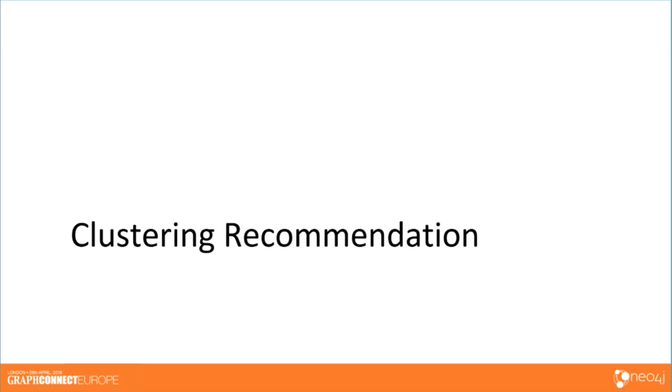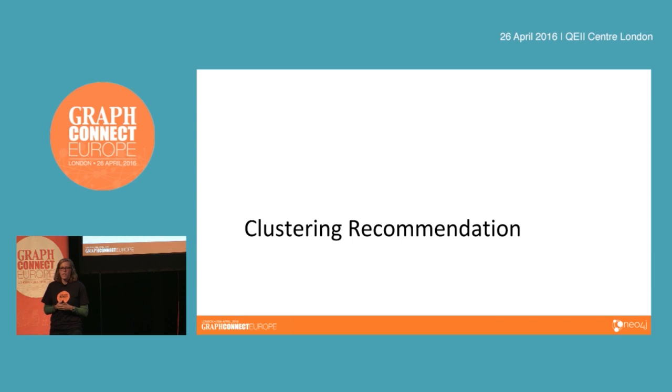All right, let's look finally at what I'm going to call a clustering recommendation. But in general, this can be thought of as the whole workflow of offline computing of similarity, of clustering, of what have you, that people find themselves doing quite often because there are a lot of things that Cypher just can't do.